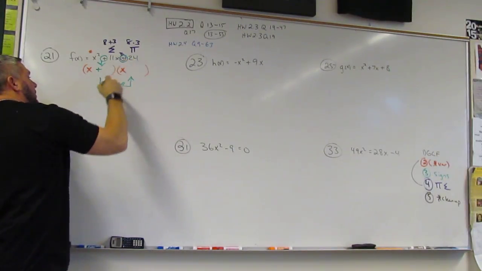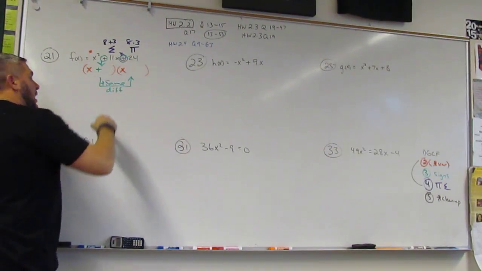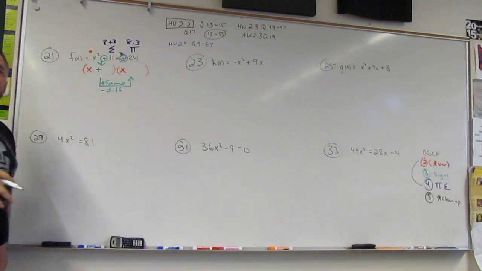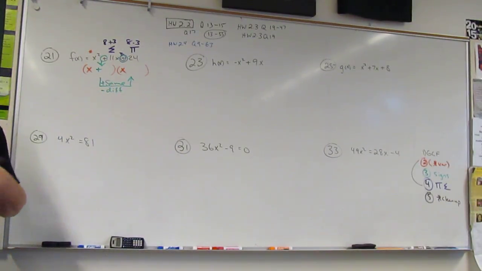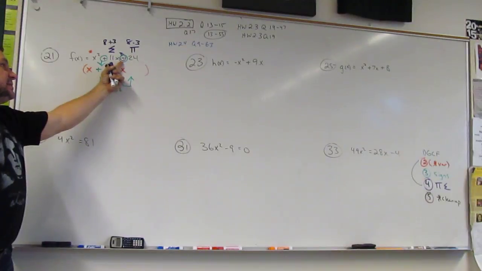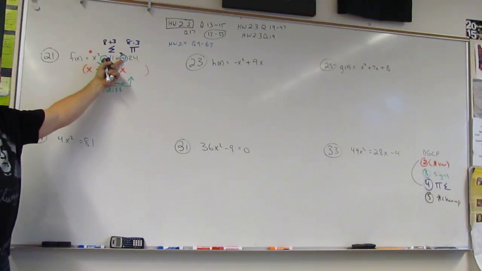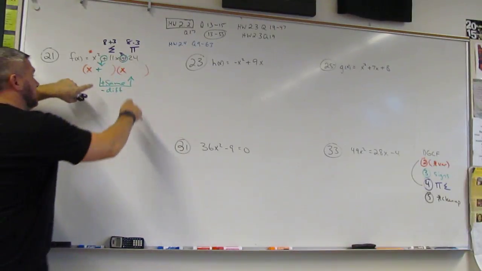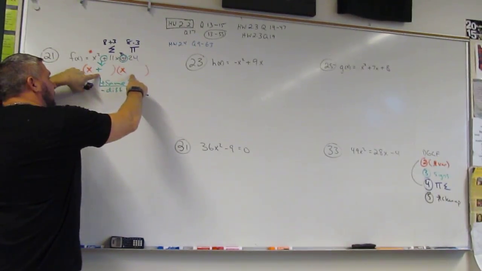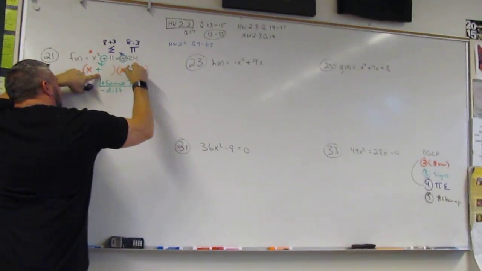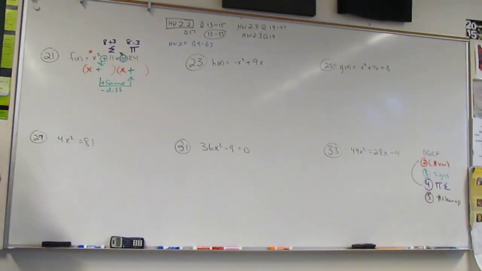If this sign is a plus, they are the same. If this sign is a negative, they are different. It's that simple. I look at this sign and it says it's plus. It's a sum. So these two are the same.